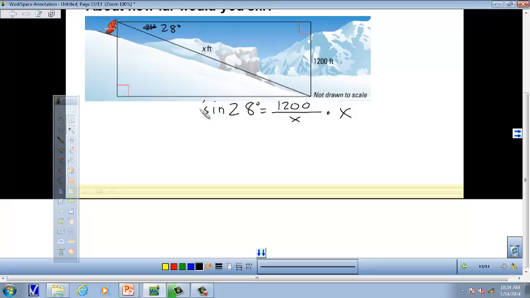Multiply both sides by x once again. Those cancel out. We get x sine 28 degrees equals 1200. We're going to divide both sides by sine 28.